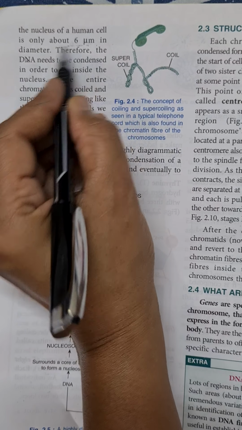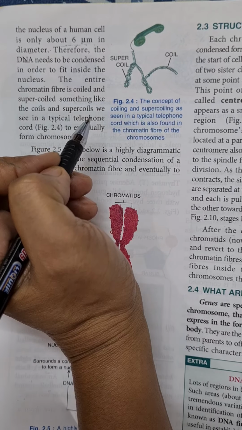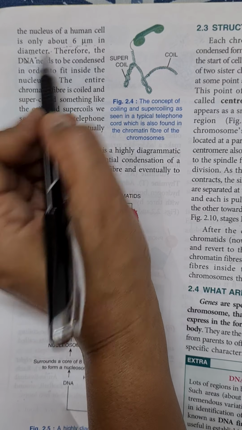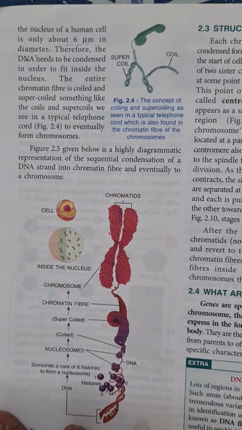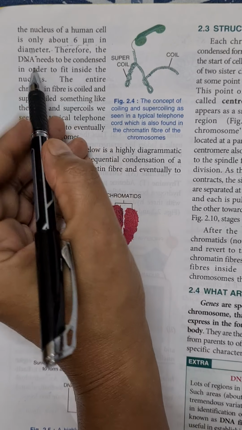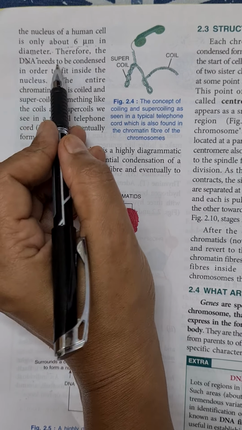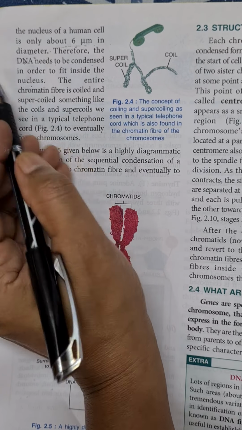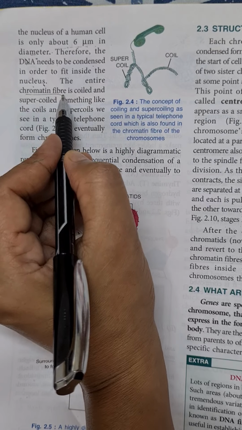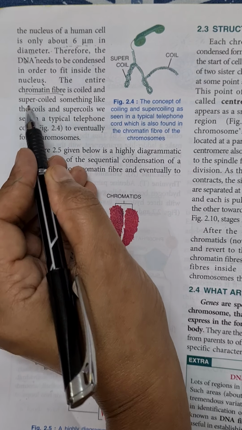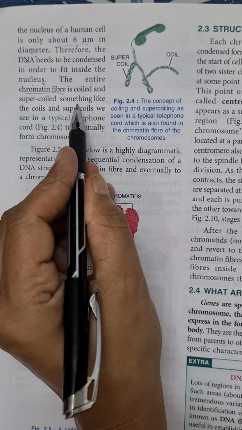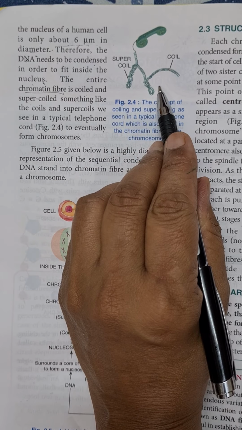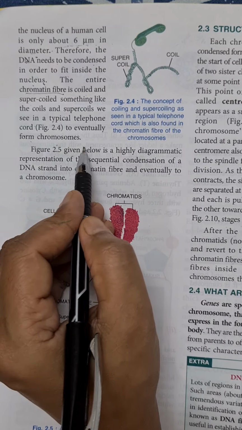This is the diameter of the nucleus of the human cell, and the length of the DNA molecule present in each nucleus is about 2 meters. So therefore, this DNA needs to be condensed in order to fit inside the nucleus. That's why the entire chromatin fiber is coiled and supercoiled, just like the coils and supercoils we see in a typical telephone cord, to form chromosomes.